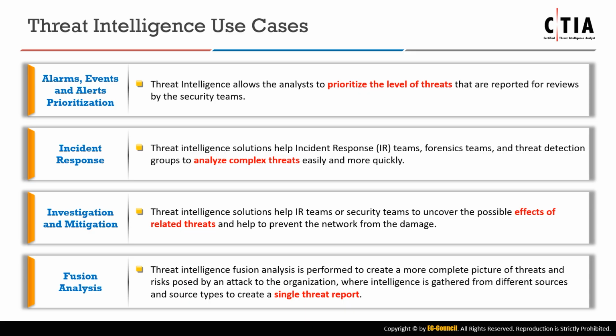And so what we do is we create a more complete picture of threats and risks posed by an attack to the organization, where intelligence is gathered from different sources, and we take those disparate sources and fuse them into a single threat report, right? That's fusion analysis.